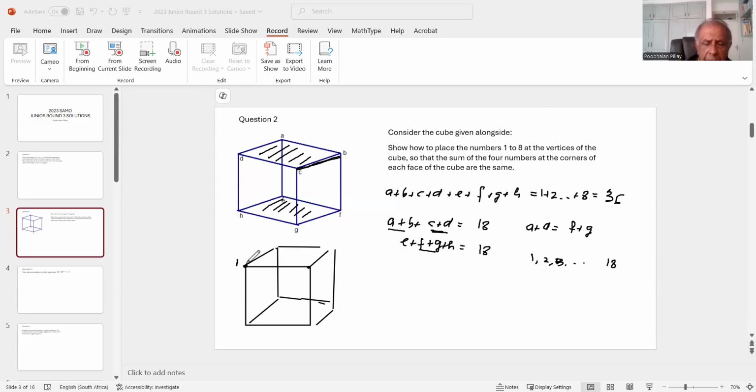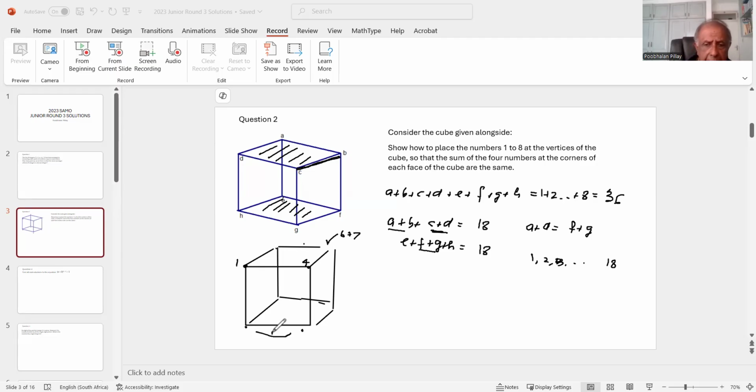I could have 1 plus 4, for example. Then these two numbers add up to 13 because all the numbers at the top add up to 18. You could have 6 and 7. So those two numbers are 6 and 7, and here, those two numbers also add up to 13.